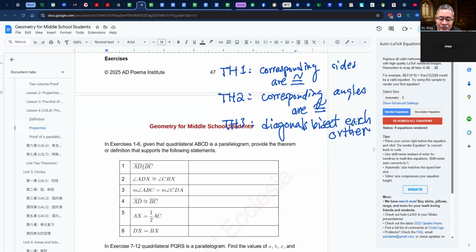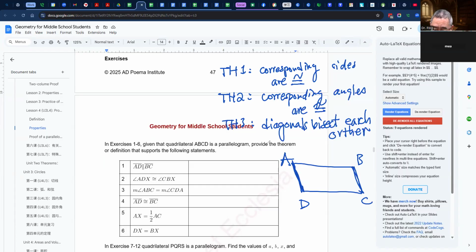All right. So first one, we've got A, B, C, D. Now, first one, we say AD is parallel to BC. So what's this based on?